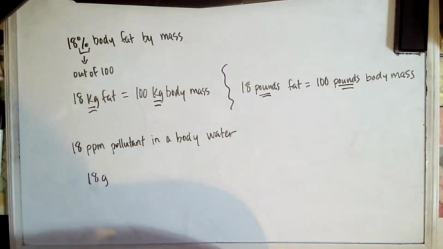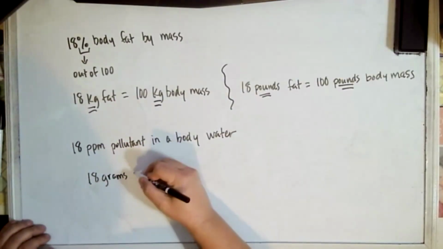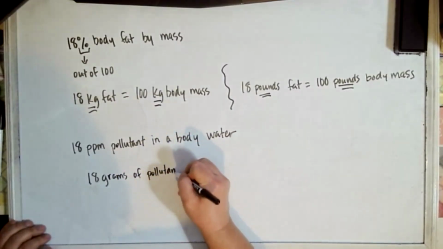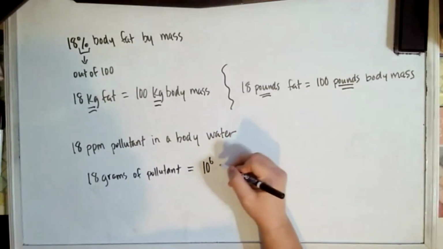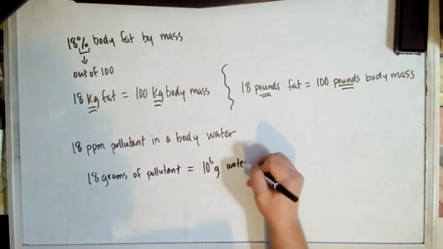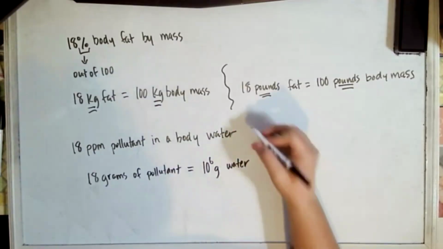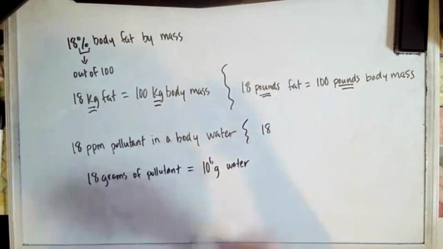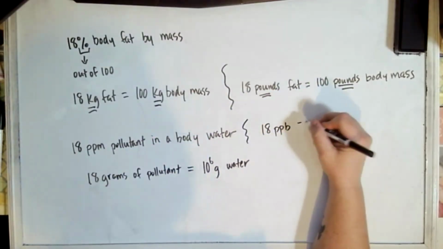We could say that there's 18 grams of pollutant, whatever the pollutant is, in every 10 to the 6, which is a million, grams of water. Okay. If this was parts per billion and we did the same thing, 18 parts per billion is a little bit better.